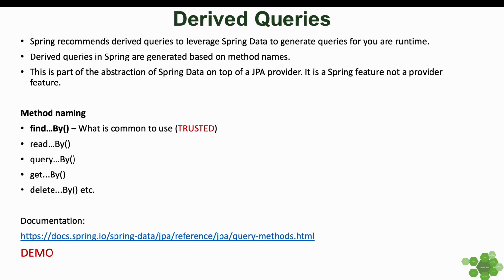So the method names, the ones that we use, or you saw in the interfaces that we were looking through in the IDE, we saw the find by methods and all that. These are the ones that I would say I trust that we can use. But I remember that I used to see read by, query by, and also get by, delete by, and all that.